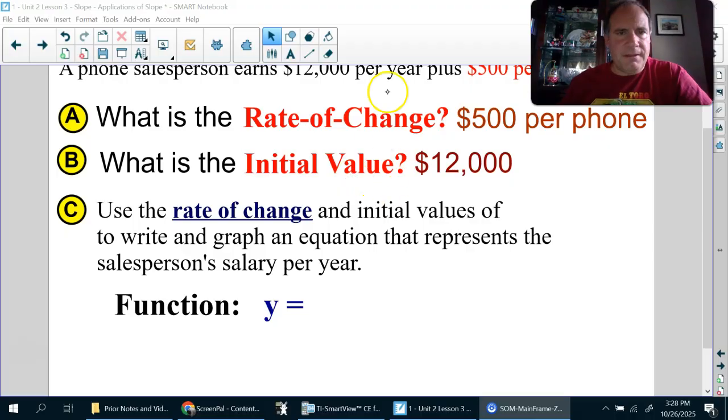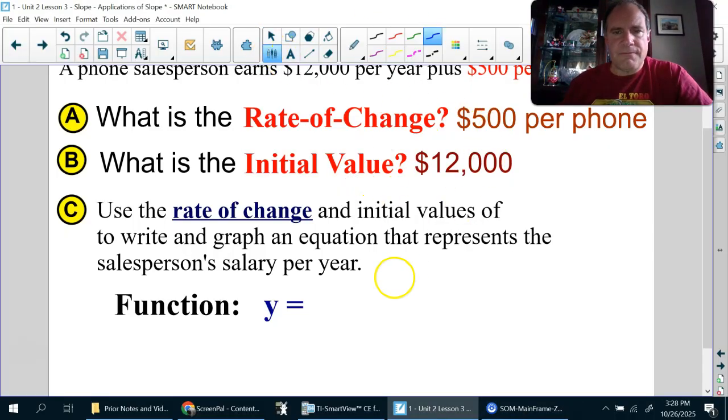Remember, initial value is your b and the rate of change is your m. So y equals mx plus b is y equals 500x plus 12,000.